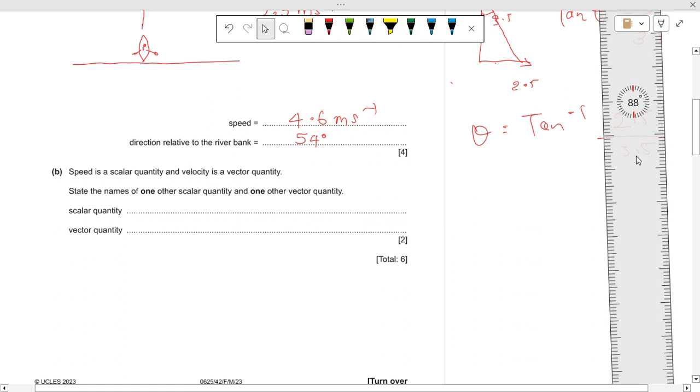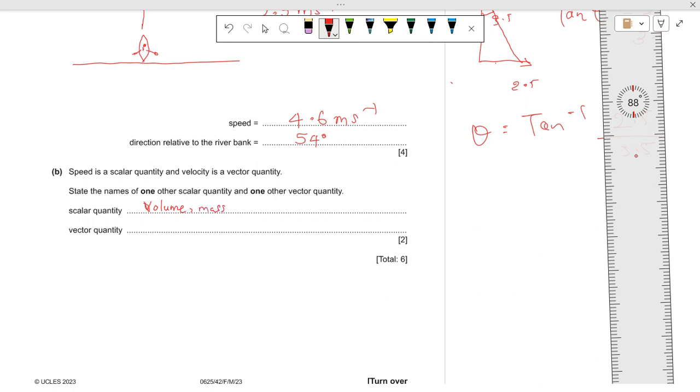Speed is a scalar quantity and velocity is a vector quantity. State the names of one other scalar quantity and one other vector quantity. Scalar quantities: volume, mass, length.